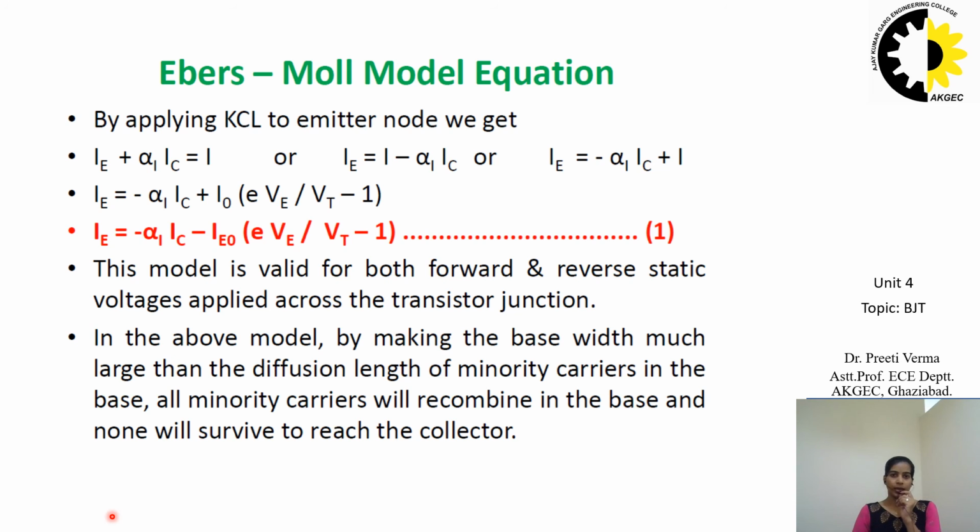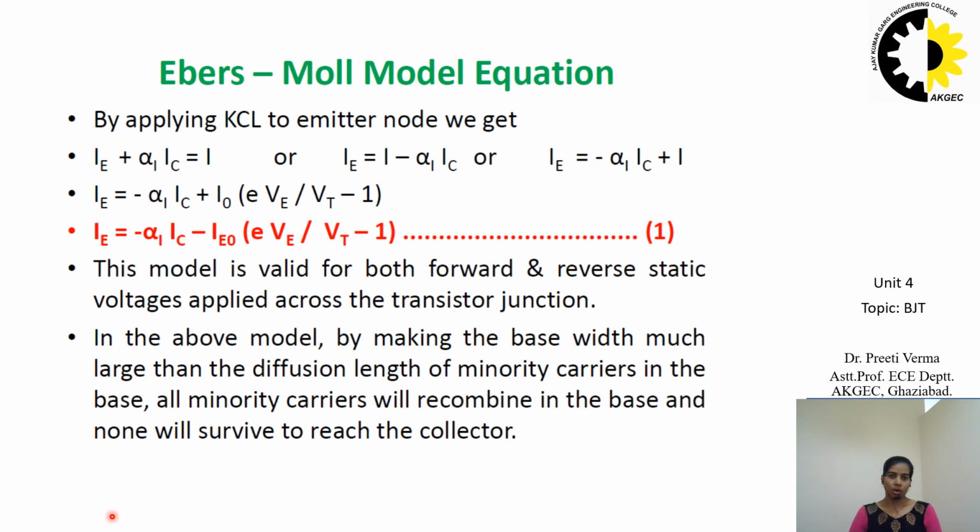This model is valid for both forward and reverse static voltages applied across the transistor junction. So the current IE here is the emitter current, V is the voltage across the emitter, and VT is the thermal voltage.